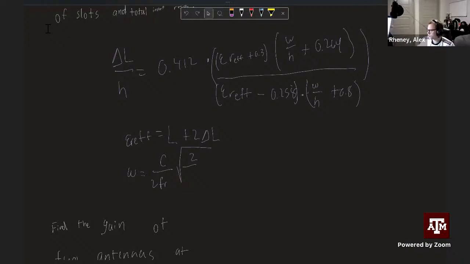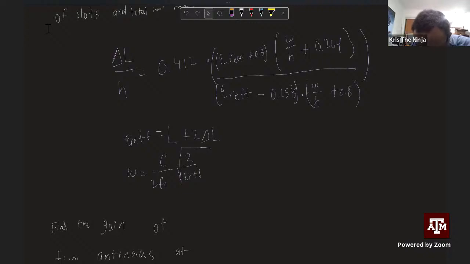I'm assuming so. Did he give us one of those on the homework problem? Resonant frequency was not given, but an operating frequency is given. Yeah, I saw 6 gigahertz. Oh, 3 gigahertz, operating at 3 gigahertz.